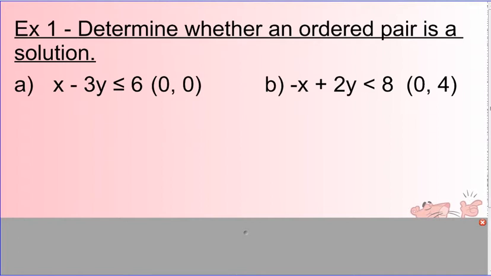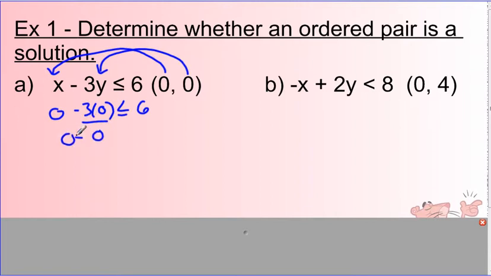So I want to know, is (0, 0) for letter A a solution to this inequality? Well, you plug the x value in for x, the y value in for y, and then do the math. So 0 minus 0 is 0. Is 0 less than or equal to 6? The answer is yes. So that means this point is a solution to that inequality.